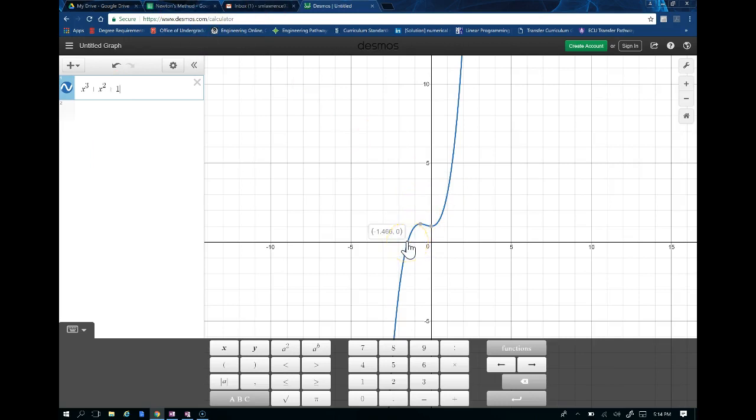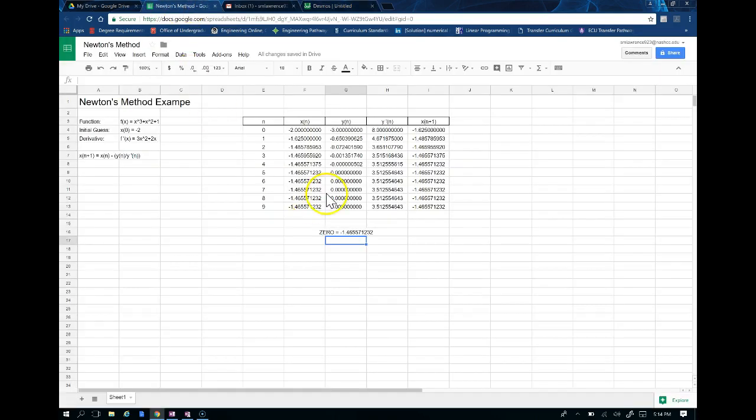And negative 1.466. So again, Desmos is only going to show 3 decimal places. They say negative 1.466. If we round ours to 3 decimals, it's going to be negative 1.466. So ours is actually more accurate than Desmos is. And I didn't even use a graphing calculator to help me.